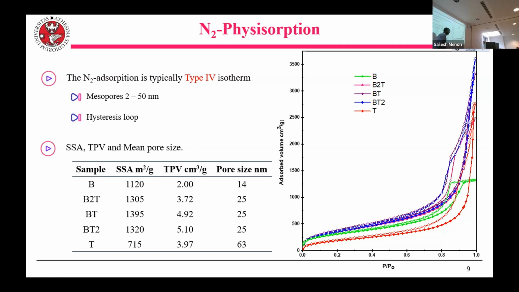Maybe this is due to a very low pore size. Whereas the hybrid samples normally have around 1300 or 1400 meters squared per gram. Maybe this high specific surface area is contributed partly from low porosity, as well as since they have a high total pore volume.